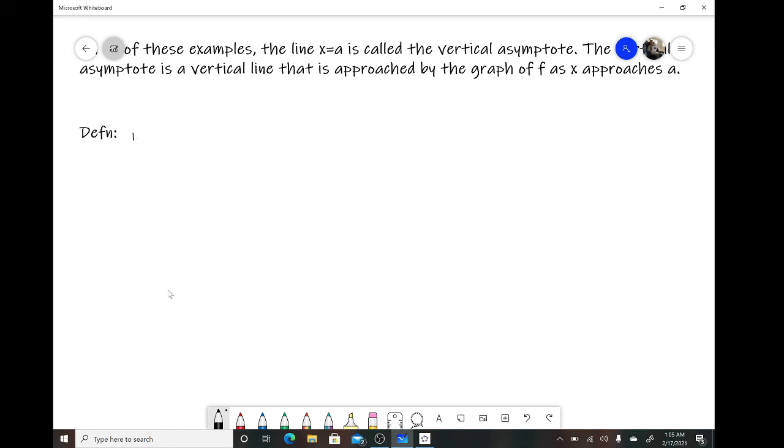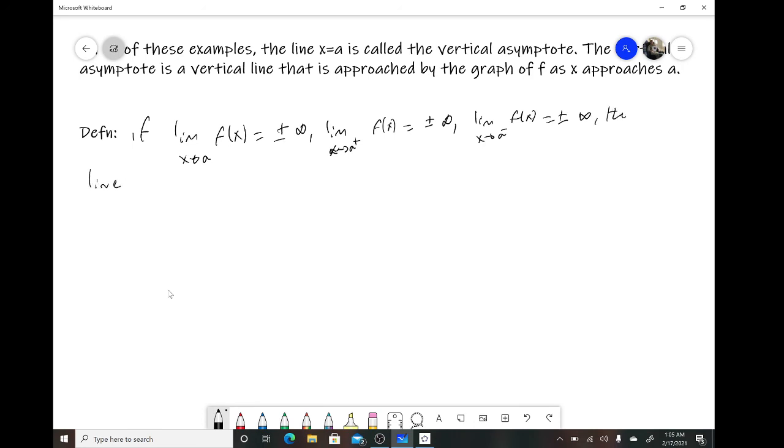So if the limit as x goes to a of f of x equals plus or minus infinity, or the limit from the right as x goes to a of f of x is plus or minus infinity, or the limit from the left as x goes to a of f of x is plus or minus infinity, then the line, this is a formal definition of vertical asymptote, the line x equals a is called the vertical asymptote.